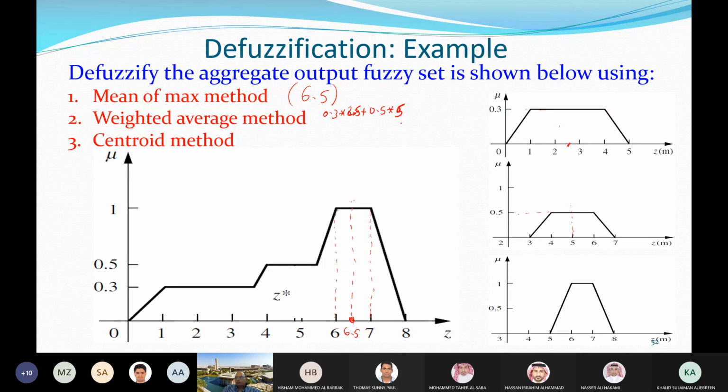Are you following, guys? Yes, sir. Okay, for 5 and 8, the average is 6.5, and the weight is 1. So 1 multiplied by 6.5, over the summation of the weights, which is 0.3 plus 0.5 plus 1.